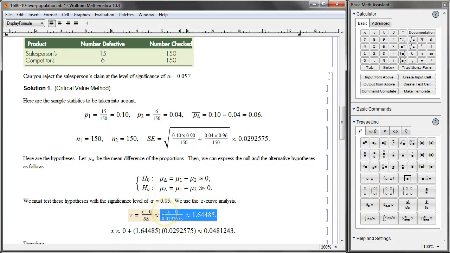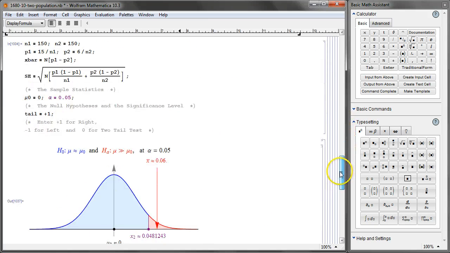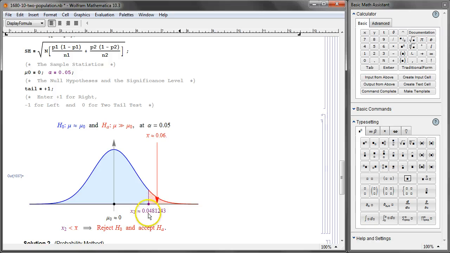And setting up this equation, you can solve for x. What you get? 0.048 something. And that happens to be the critical point here, 0.048 something.